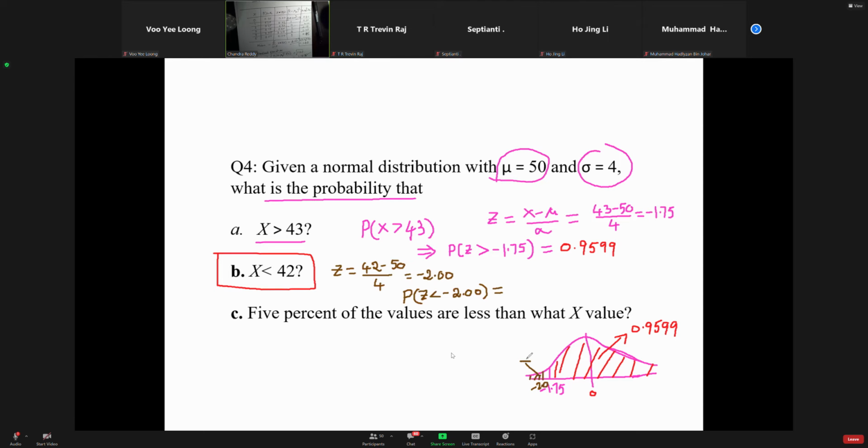This area is 0.0228. So for part B, the answer is 0.0228.